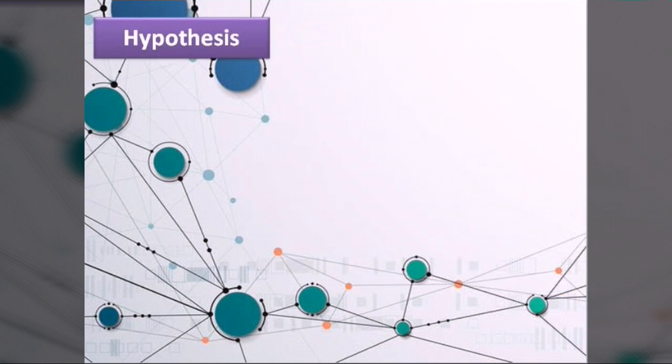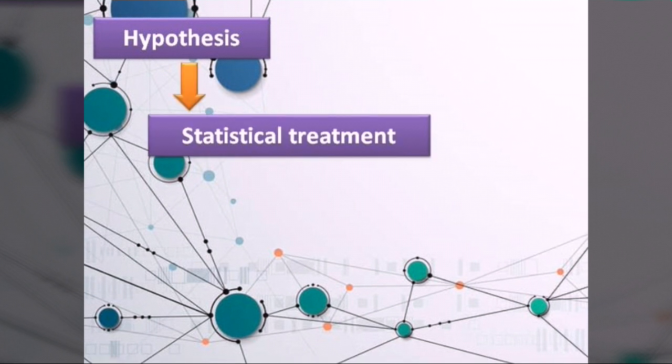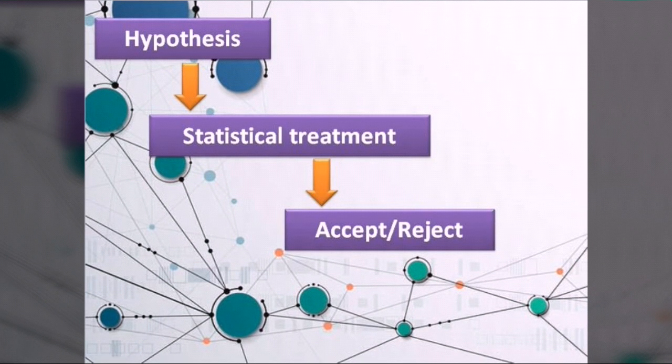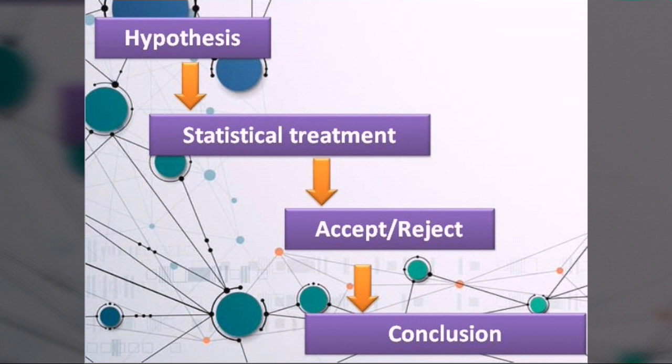Now, let us see the flow of the figure here. In this flow chart, we can see a hypothesis with statistical treatment, going to accept or reject, and then conclusion. As we can see, this flow chart shows that hypothesis can serve as a guide in searching for a conclusion.